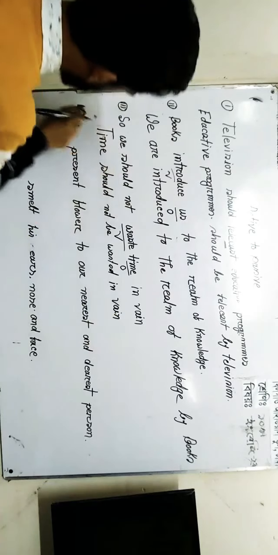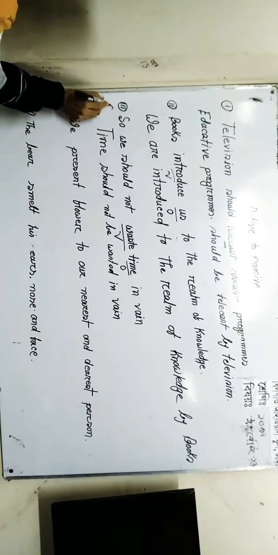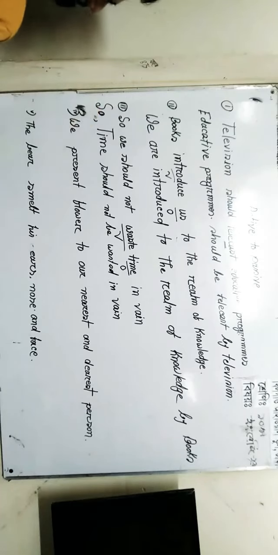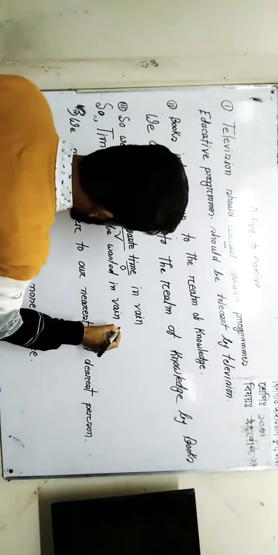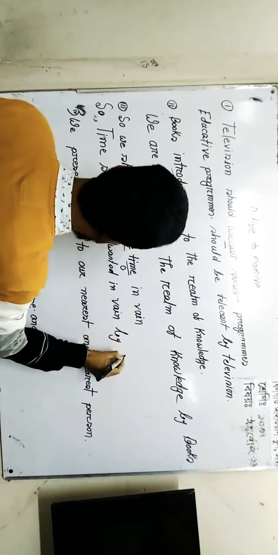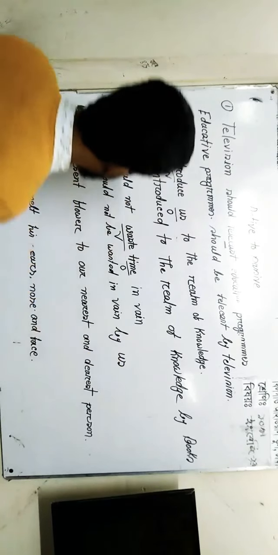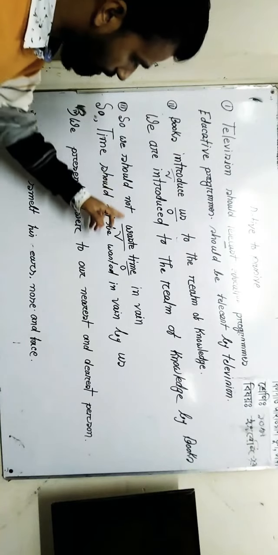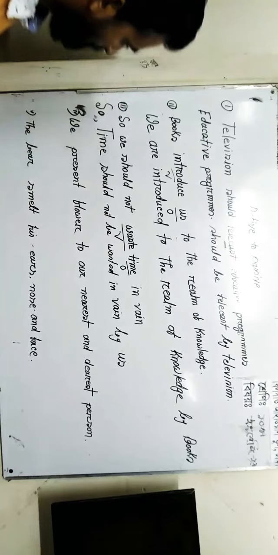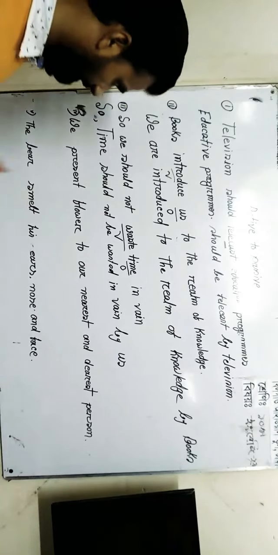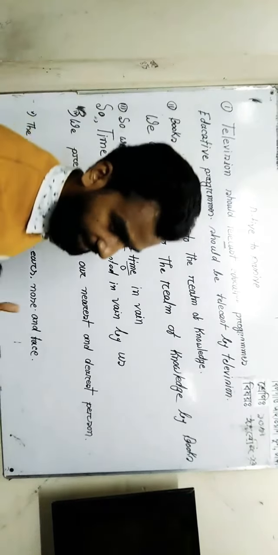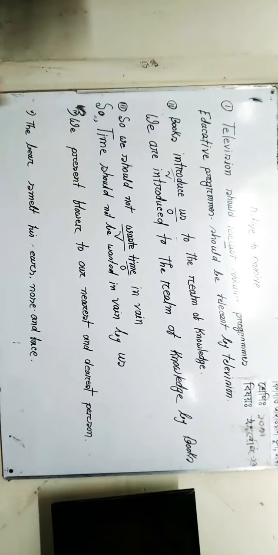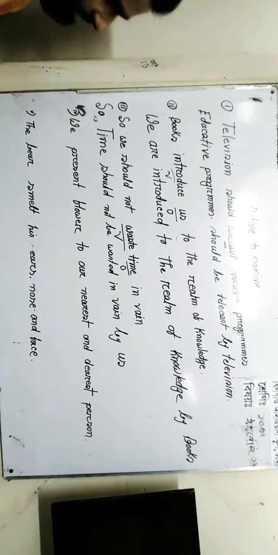Then by. So you have to write it: in vain by us. So, "We should not waste time in vain." What is the meaning in Bangla? আমাদের বৃথা সময় নষ্ট করা উচিত। First of all I have to find out the object.